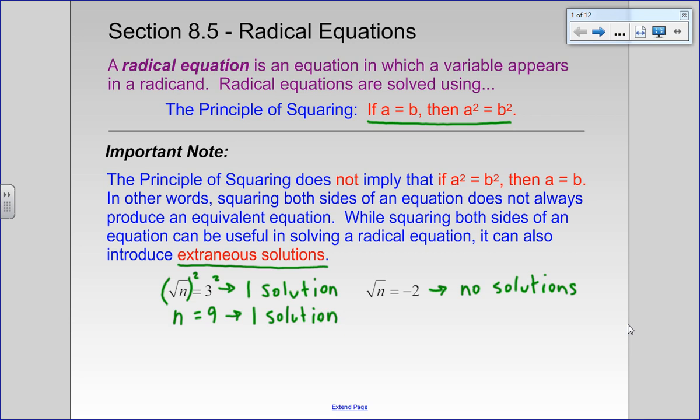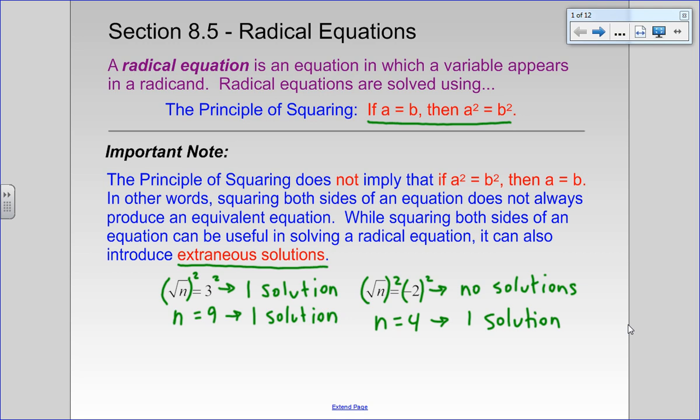If we were to try to arrive at the solution to this equation using the principle of squaring, squaring both sides, we would obtain n equals 4, which is an equation that clearly has one solution, 4. But this equation is not equivalent to that original radical equation. And we can see that this solution, 4, is actually an extraneous solution.